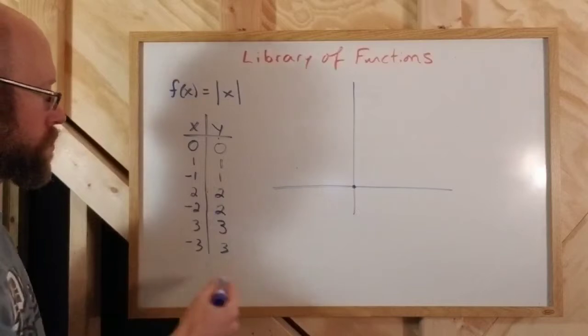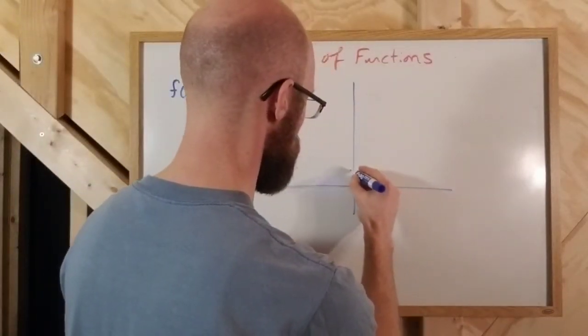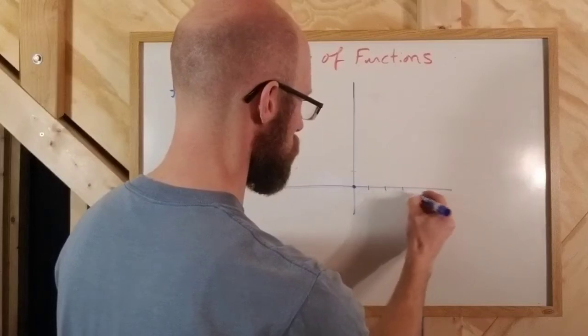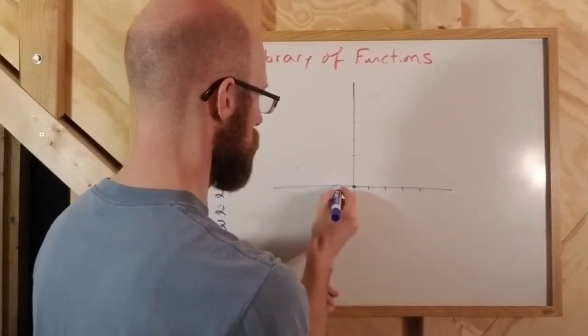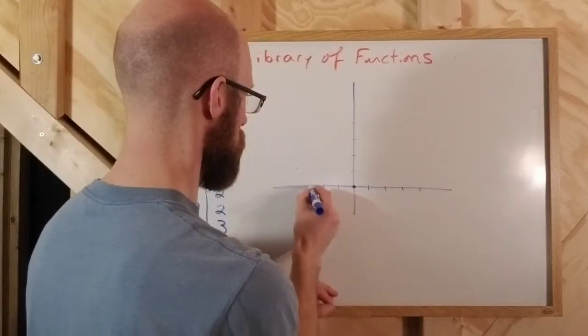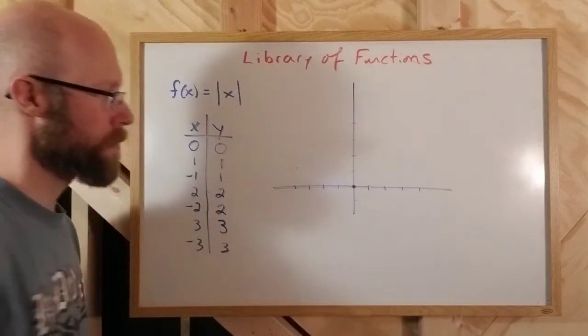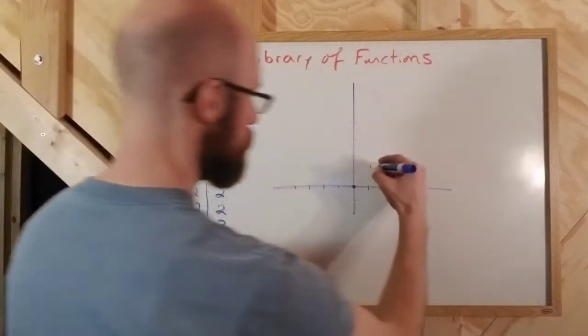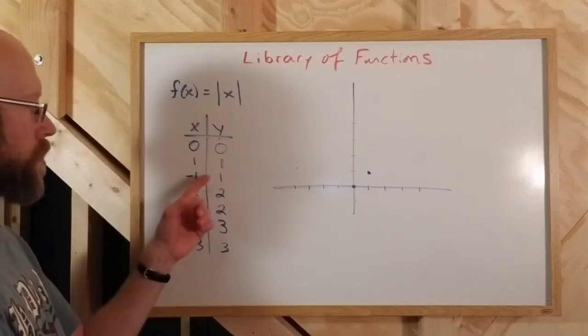Okay, so start at 0, 0. Then we have 1, 1. So I go over 1, up 1. Maybe I'll go over a few here. Throw one on the bottom. Okay, so over 1, up 1. Then I go -1, positive 1.